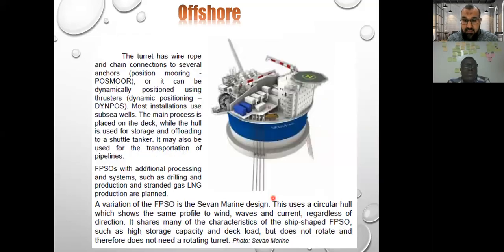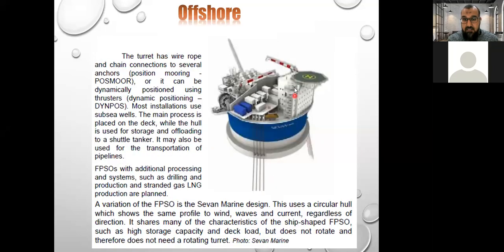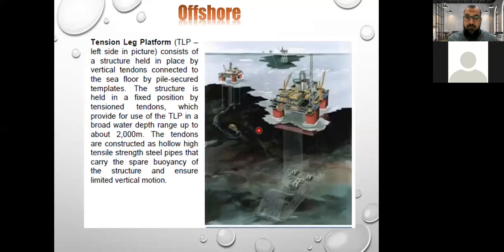So imagine this structure is underneath this huge FPSO tanker, with this kind of mooring and dynamic positioning. For what? For easy movement, turning, and relocation to another area or another location.